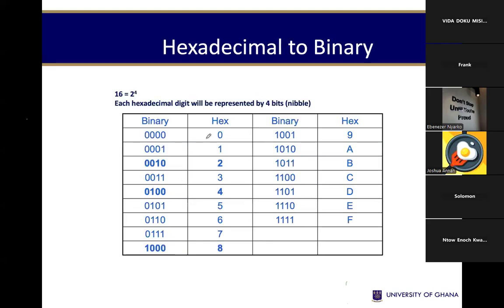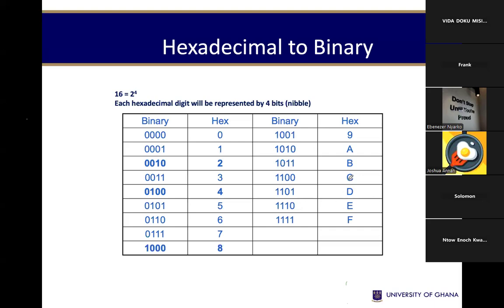Here too, we can easily get the 0 in 4 bits, and the 1. 9 will be 1001. You already know that from the beginning. A, which is a 10, will be 1010. B, which is an 11, will be 1011.